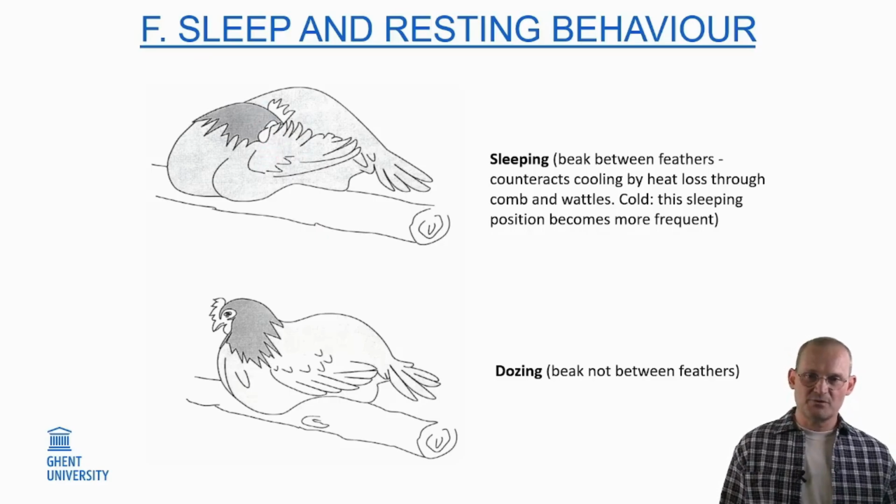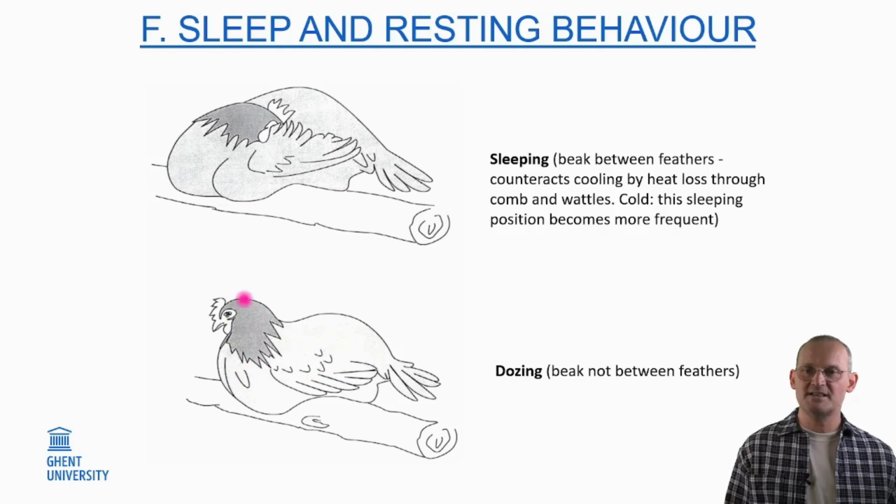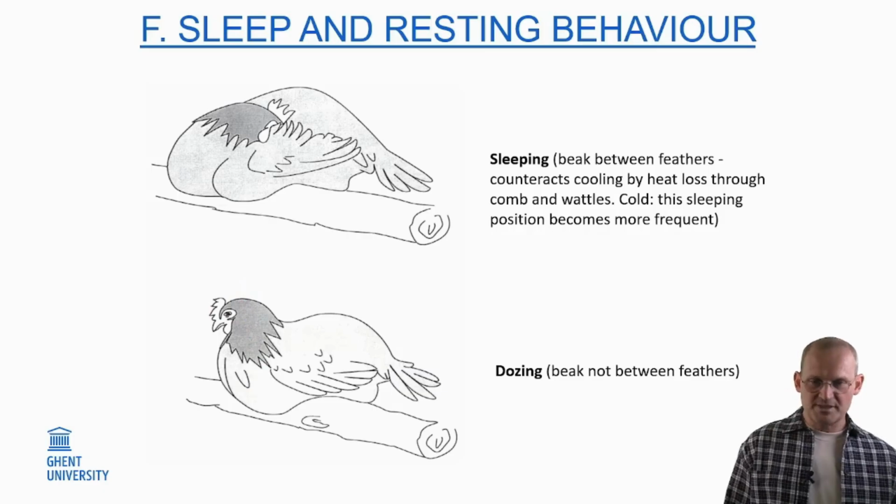You often also see hens dozing like this, in which the head is not tucked into the feathers, and the eyelids can be a little bit open, and that is more the dozing behavior that has been described.